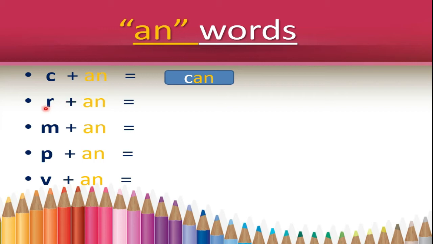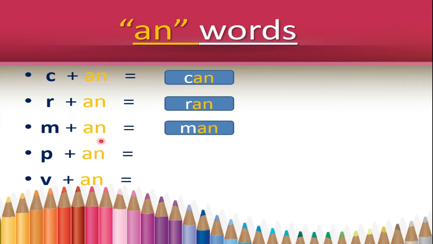When we join R with AN, it forms ran. R-A-N, ran. Yes. Now we add M with AN, it forms man.